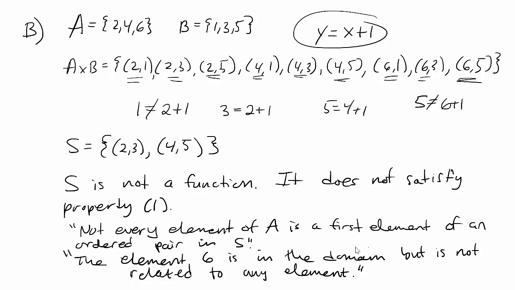Because property 1 says that the first set we have, that is the domain, all those elements have to be paired with something, mapped to some element in the other set.